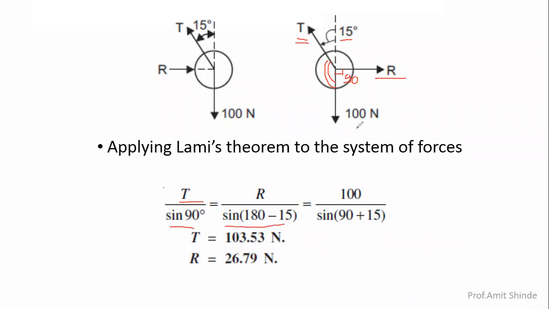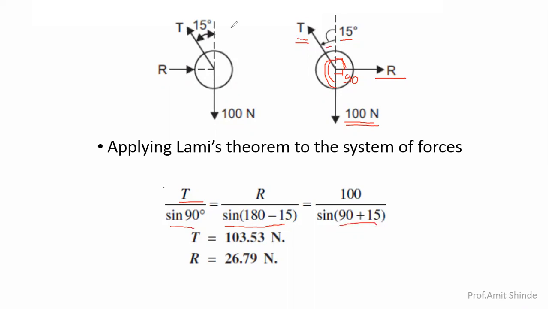Now similarly for the 100 Newton force, the angle between the other two forces is how much? This is 90 degrees plus this 15 degrees, it means 90 plus 15.